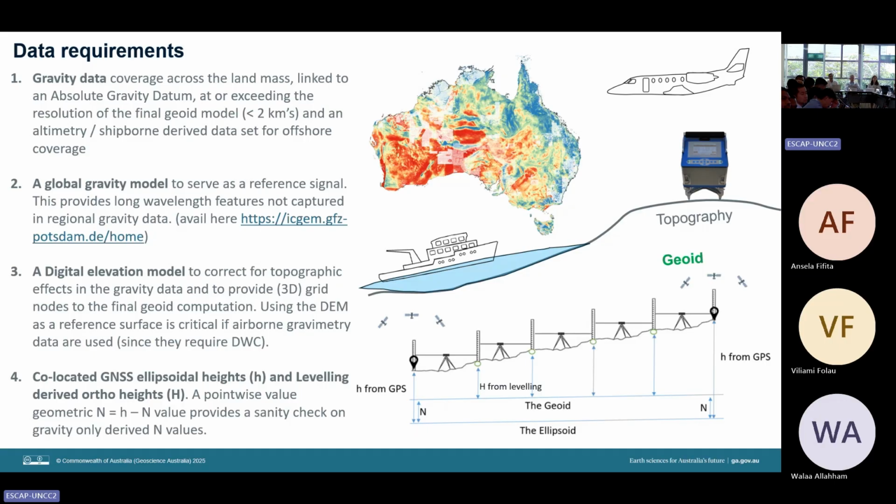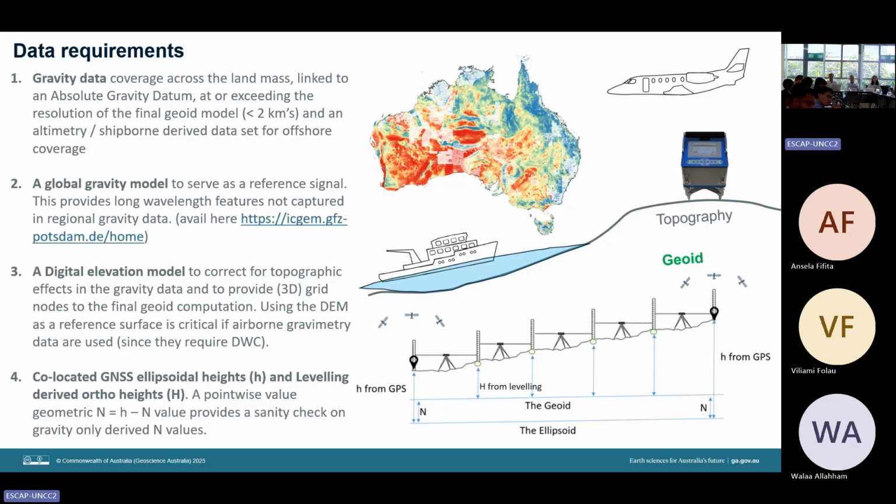Airborne data are probably the preferable method to have complete continuity between the onshore and offshore areas, but satellite altimetry fills the gaps reasonably well. So yeah, the global gravity model provides that long wavelength reference for the modeling.